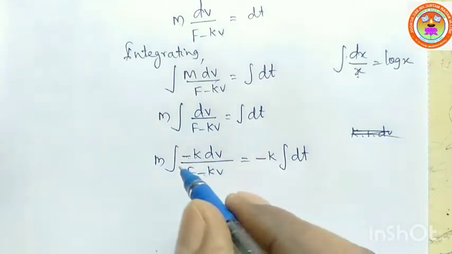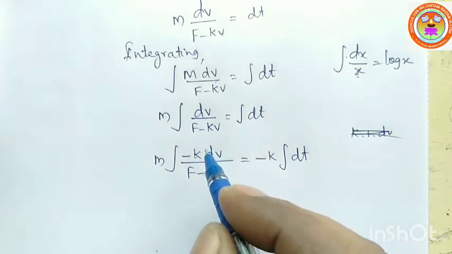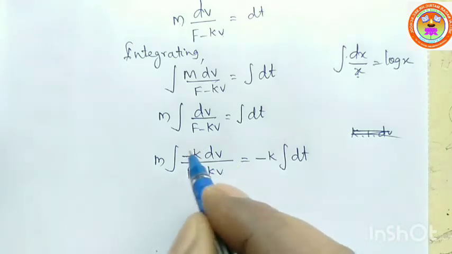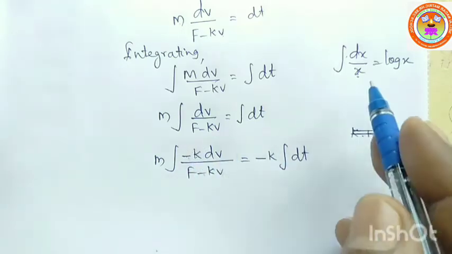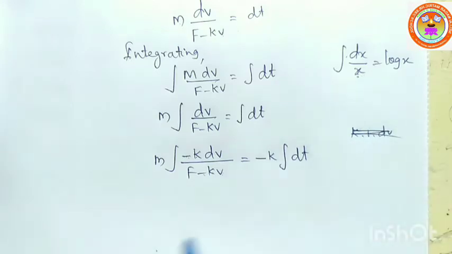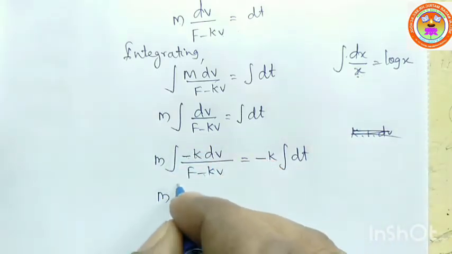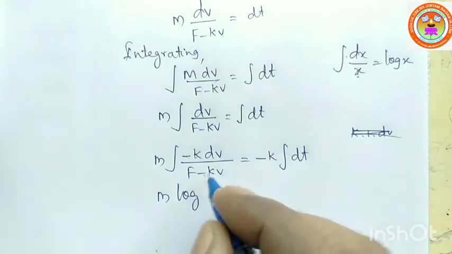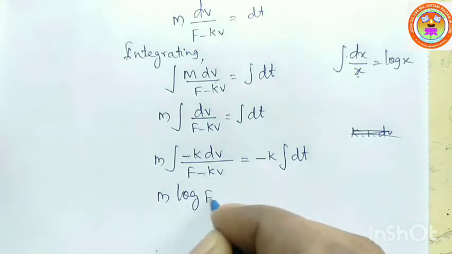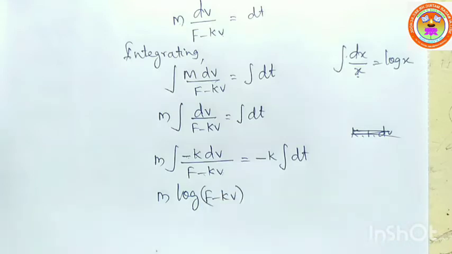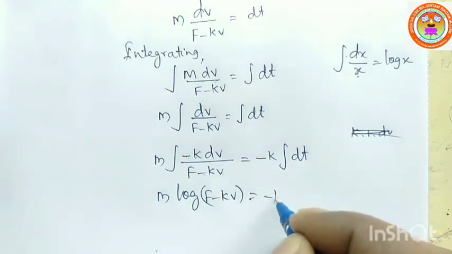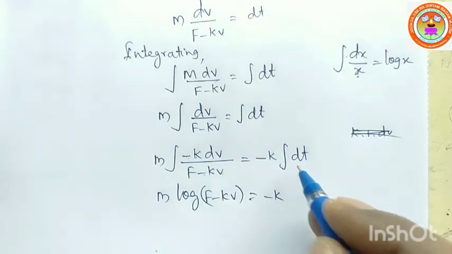So the differentiation of the denominator is there in the numerator. So what can we apply? Log of denominator. That is m into log of the denominator, F minus kv. On that side, minus k into integral of dt.